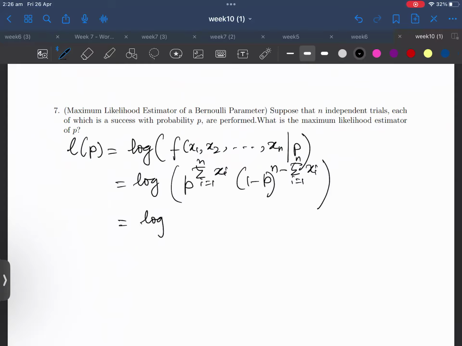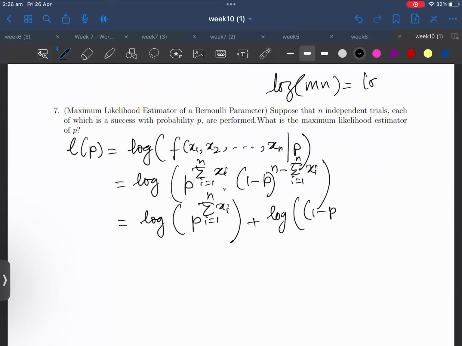So log of p to the summation of xi plus log of 1 minus p to the n minus summation of xi. I mean, this is a formula: if you have the log of mn, you can write log of m plus log of n. We're going to use the same formula here.